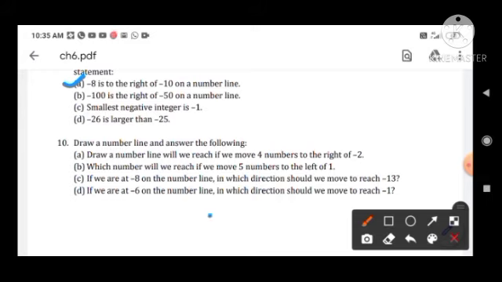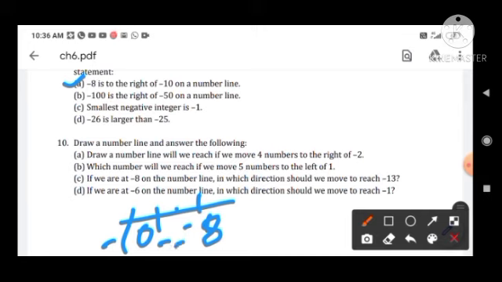What is given here? Minus 8 is to the right of minus 10. Is it true? True, isn't it? Because here it will be minus 9, then minus 8. So this is on the right side. So this will be true.